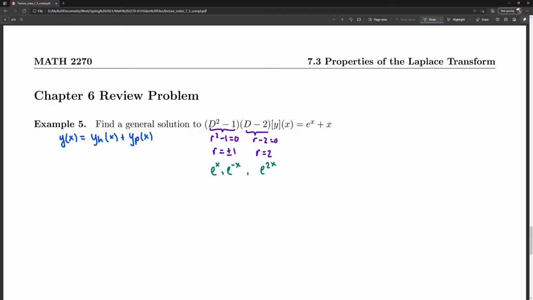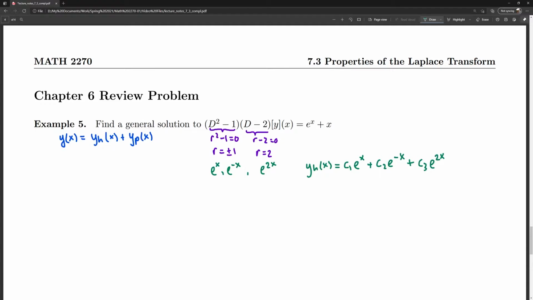So our homogeneous solution looks as follows. That's c1 e to the power x plus c2 e to the power negative x, and then plus c3 e to the power 2x.